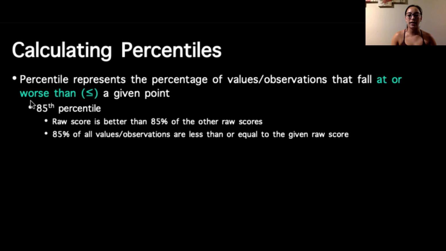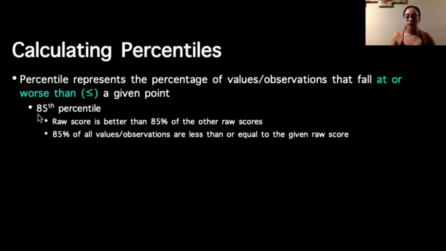But in general, I like to use at or worse than or at or below a given point of interest, meaning that we're looking at the area at a raw score and the area to the left of that raw score, similar to z-scores. So the shaded area for an exact percentile is exactly the same as how we would evaluate the shaded area for a z-score.